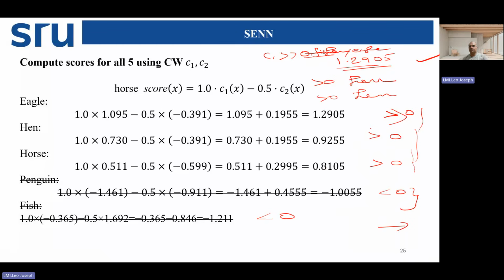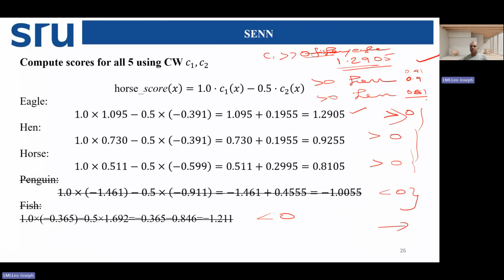So we need to compare. So one thing, it is not an eagle, but the value is slightly below the hen. The hen category is 0.9. It is not 0.91. It is below, 0.81. 0.81 means what do we have to do?